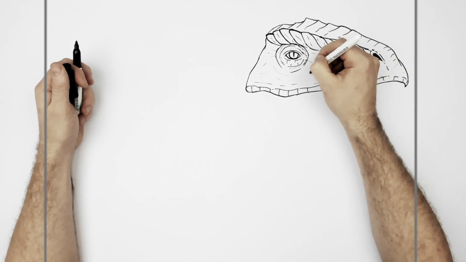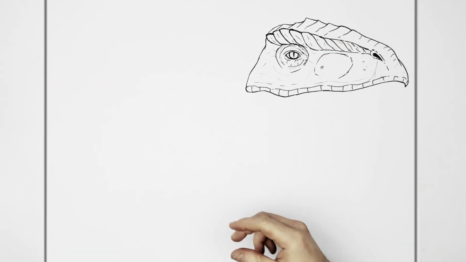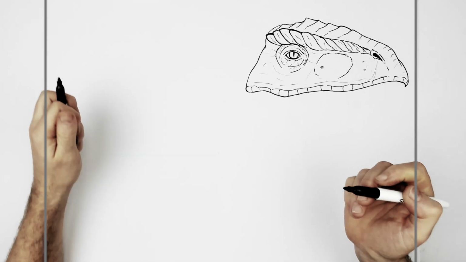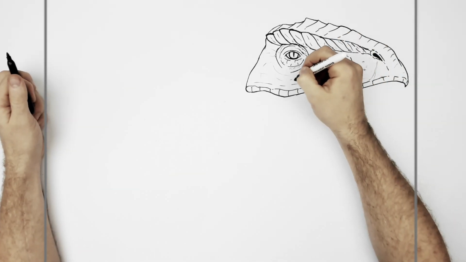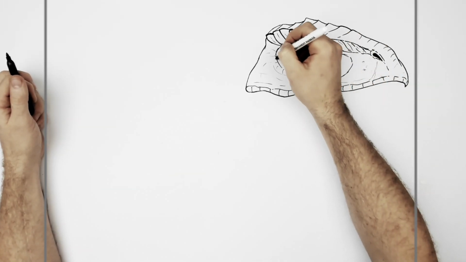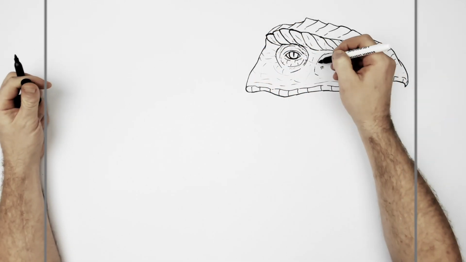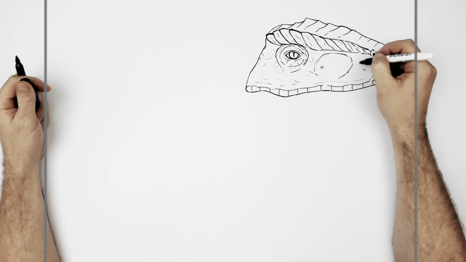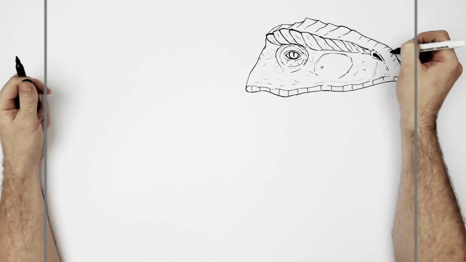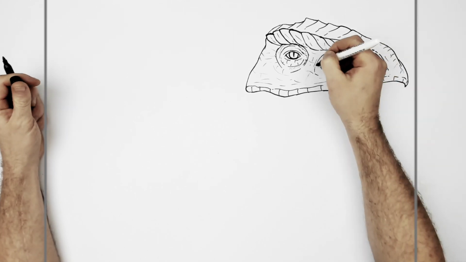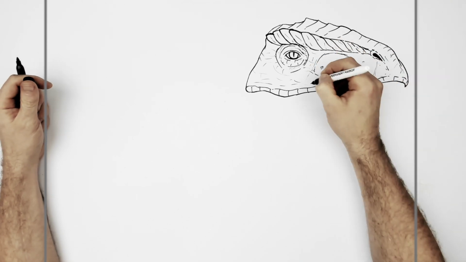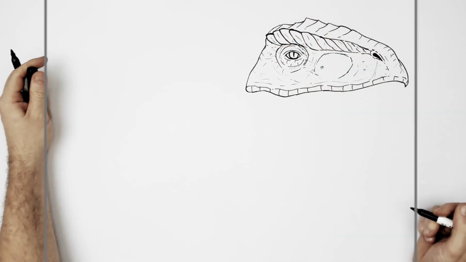But basically, all these texture lines will help your dino look a bit wrinklier. And you can do as much of that as you want.